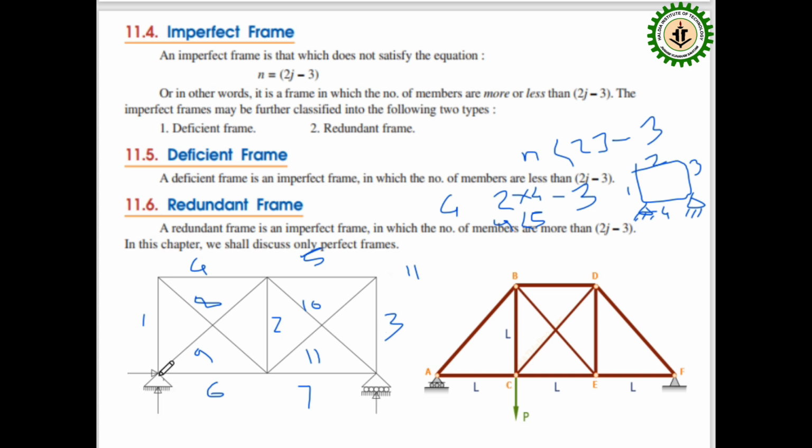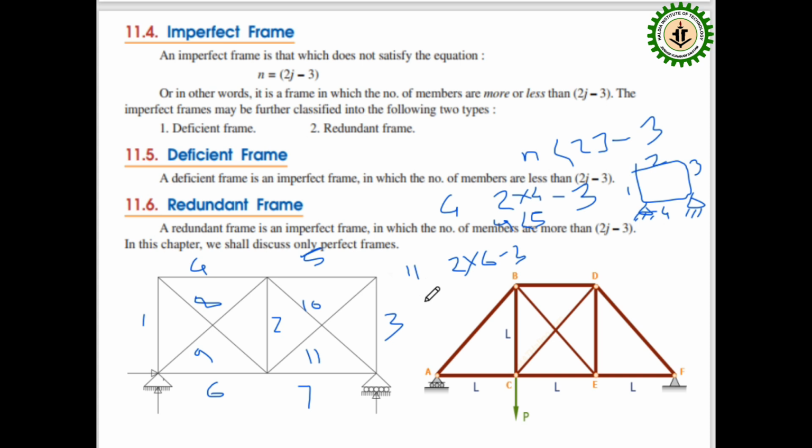So the number of joints is 1, 2, 3, 4, 5, 6. So 2 into 6 minus 3. This product is 12 minus 3, which is 9.